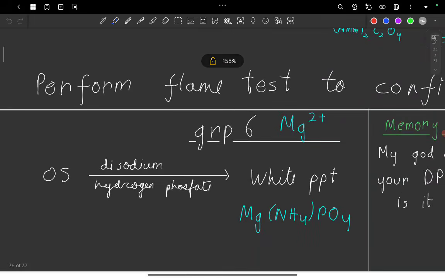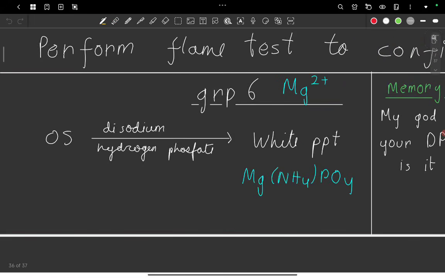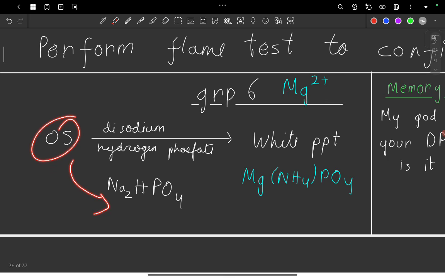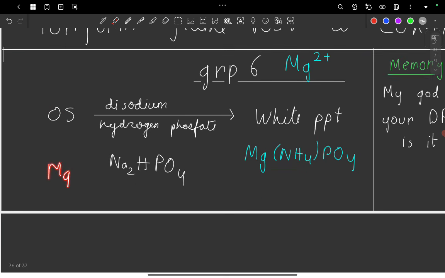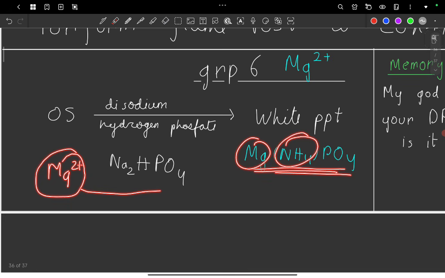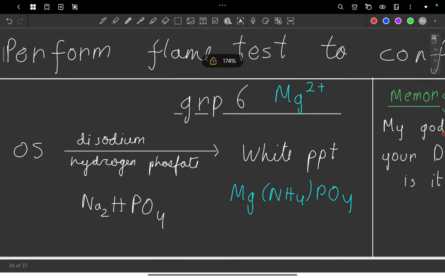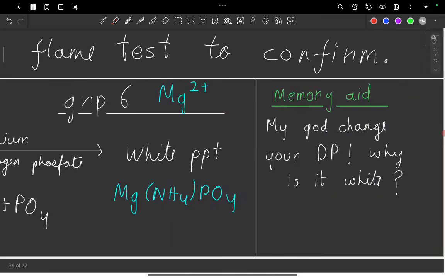Basically what happens, you react your original solution with disodium hydrogen phosphate, and the original solution has Mg2+. So all that happens is that Mg2+ forms Mg ammonium phosphate, like Mg has +2, ammonium has +1, phosphate has -3, so overall charge neutrality is maintained, and this is white PPT.